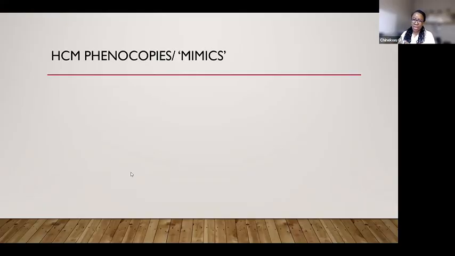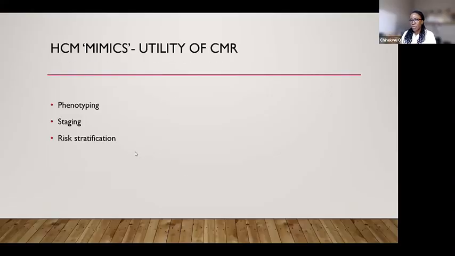So we have these mimics where they don't have the gene mutation. There's nothing wrong with their sarcomeric proteins, but they have left ventricular hypertrophy. What could they have? MRI in this case will help us decide. So phenotype the patient accurately, because what they have determines what they should get. It also helps us determine the stage of the disease. Are we at the early stage of this disease?